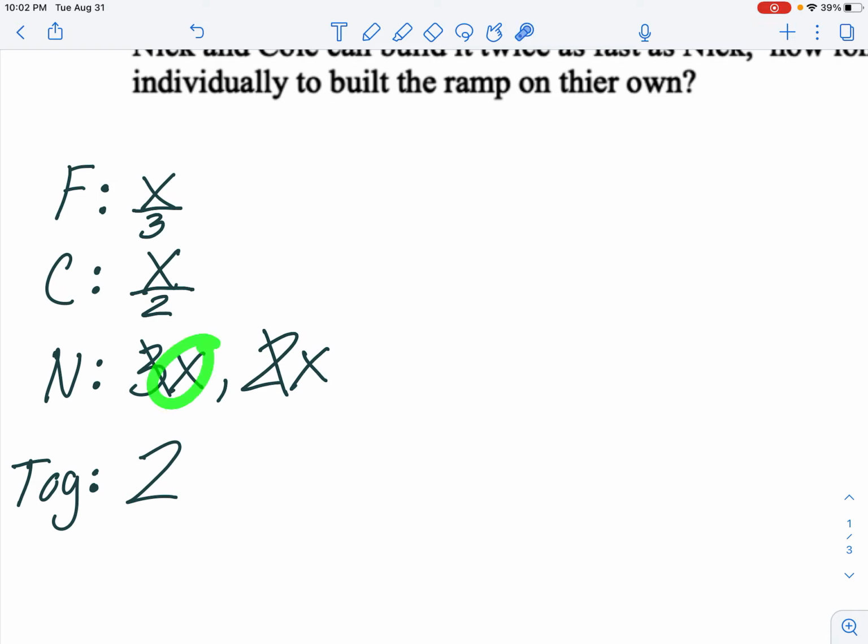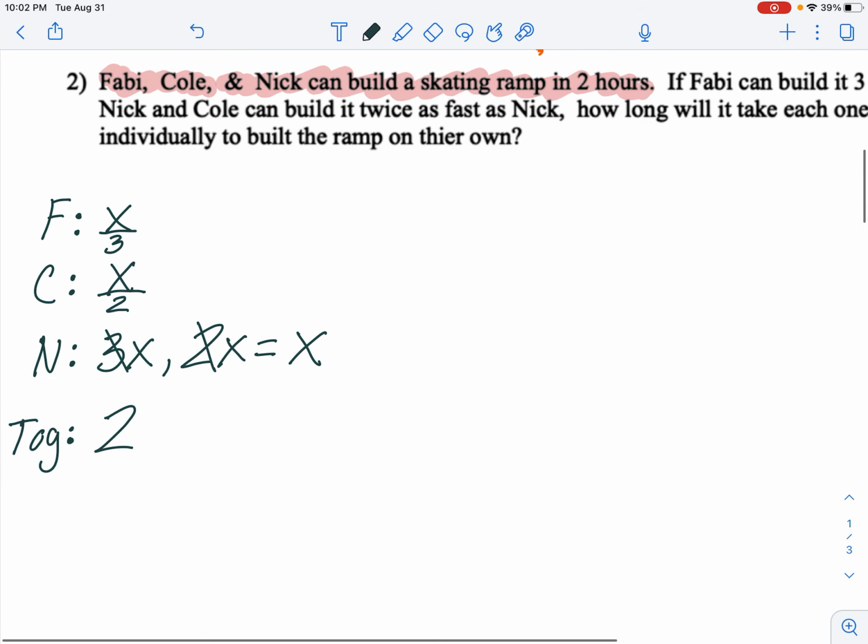So now these two x's are the same thing. So technically, this is just x. So Fabi is x over 3. Cole is x over 2. And Nick is just x. Perfect. That's exactly what I need. So let's do our order.